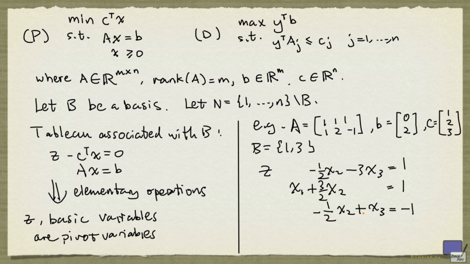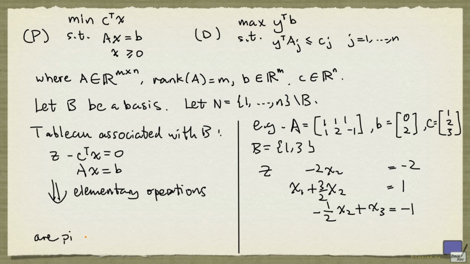And finally, adding 3 times the third equation to the first equation, we get this. So now z, x1, and x3 are pivot variables. And so this is the tableau associated with the basis {1, 3}.